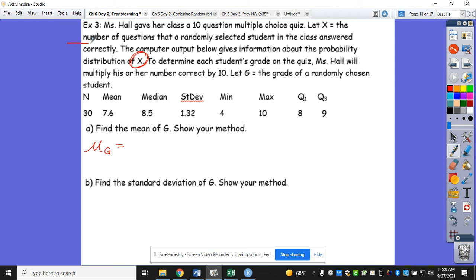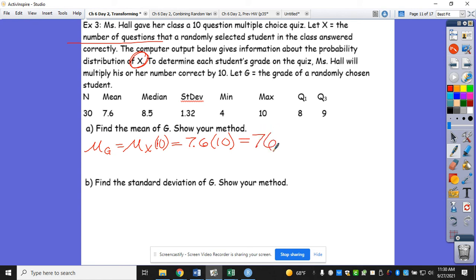Yeah, x is the number of questions correct. So how do I find mu of g in terms of a grade now? Multiply by 10. So mu of x times 10. My mu of x was 7.6. So now it's 76.